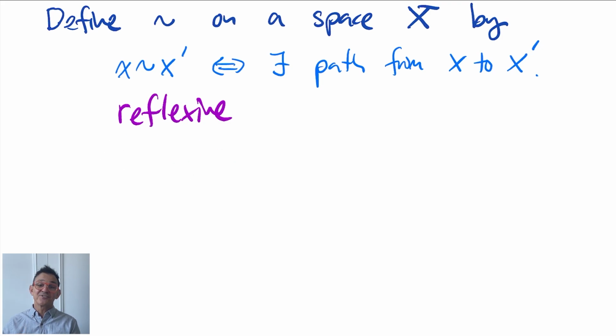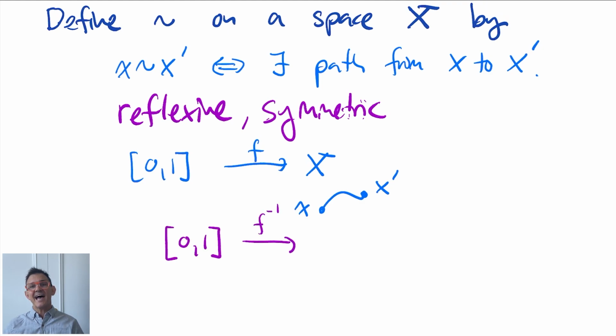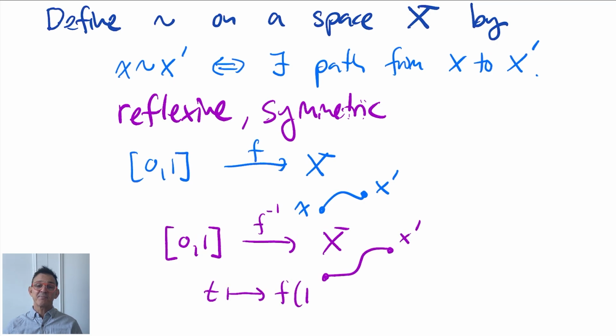The relation is also symmetric. If f is a path from x to x prime, there's a path going in the other direction. Call it f inverse, defined by f inverse of t is f evaluated at 1 minus t. That's a path that starts at x prime and ends at x.